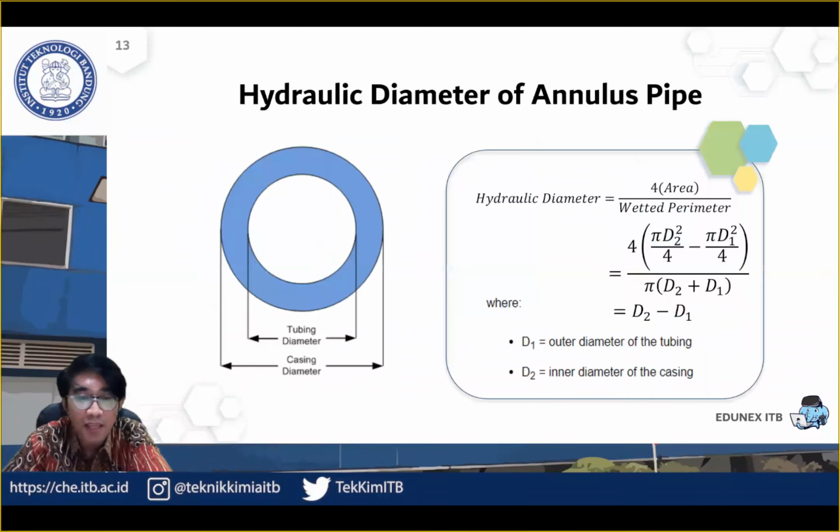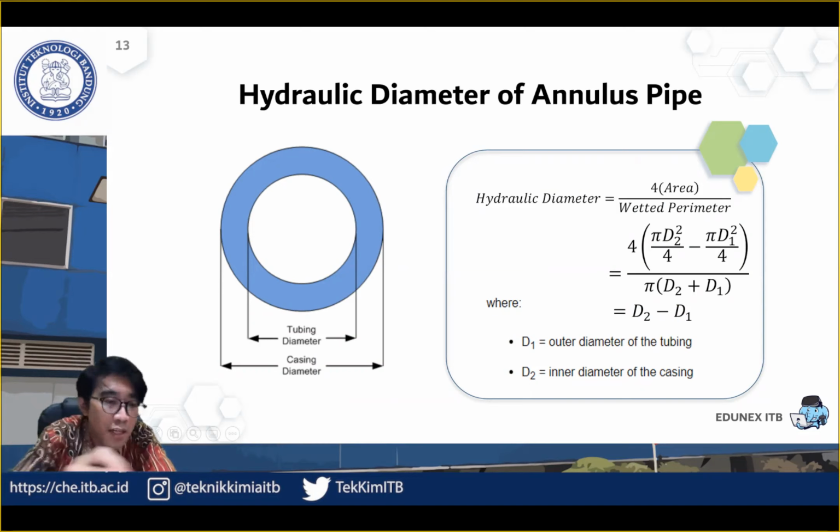Okay, other case, this one. We call it an annulus pipe. So double pipe, ya, pipa anulus itu 2 pipa yang konsentrik, kemudian airnya mengalir di antaranya. So the area will be this one. The weighted perimeter will be the circumference of the small circle plus the circumference of the big circle.